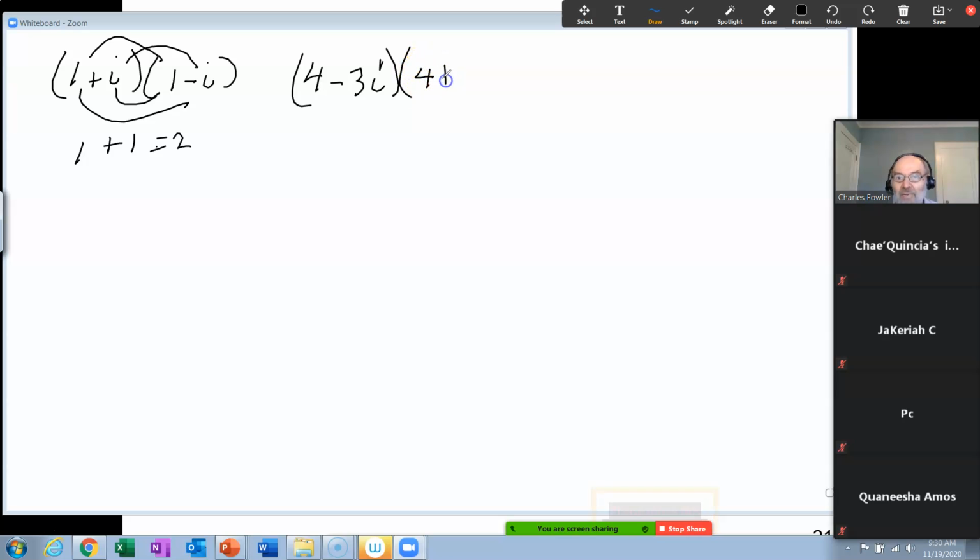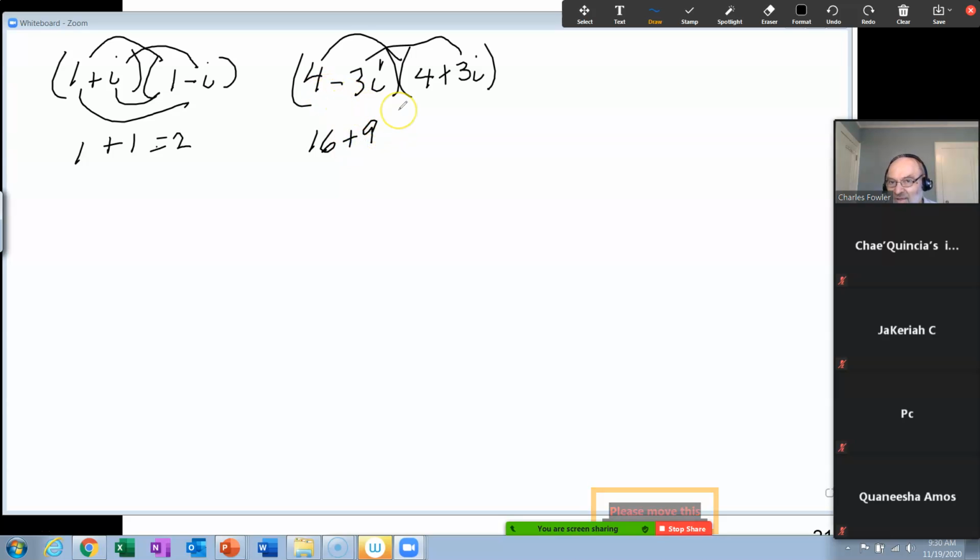4 plus 3i. Okay. Then how do you multiply them? Multiply the reals. That gives you 16. Multiply the imaginaries and change sign, because i squared is minus 1. Minus 3 times plus 3 is minus 9. That would be 16 plus 9.